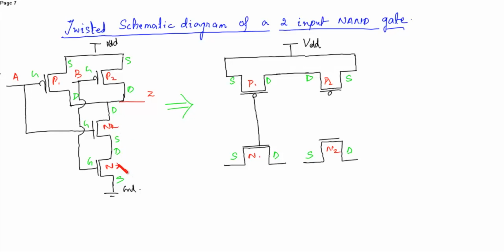For this case, these two gates are also shorted, so this drain will be connected over here, then this drain and this source are shorted. This source is connected to ground.